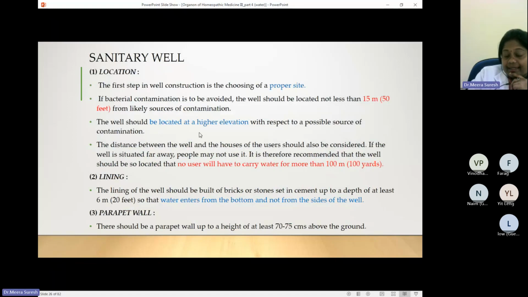The well should be located at a higher elevation with respect to the possible source of contamination. But when we say higher elevation, it shouldn't become a shallow well. It should ideally be a deep well, which means the pit latrine would have to go into a deeper layer, and that is not technically that possible.